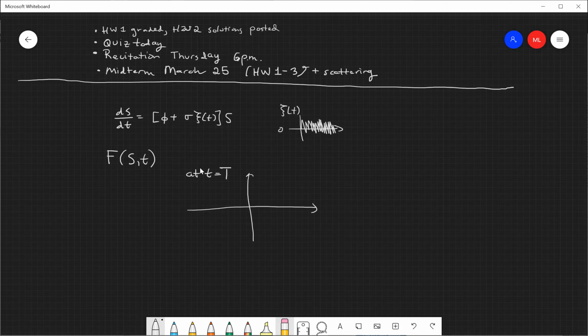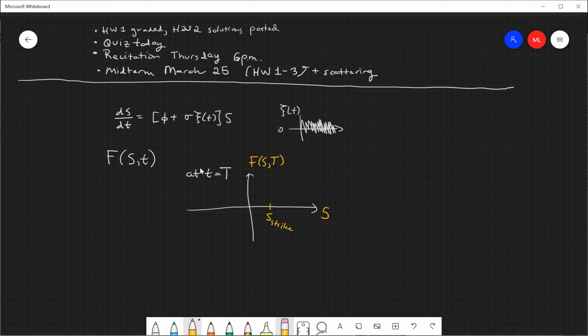This is f of s at time big T as a function of the stock price. So if the stock price is worth more than what you negotiated, this is the strike price.